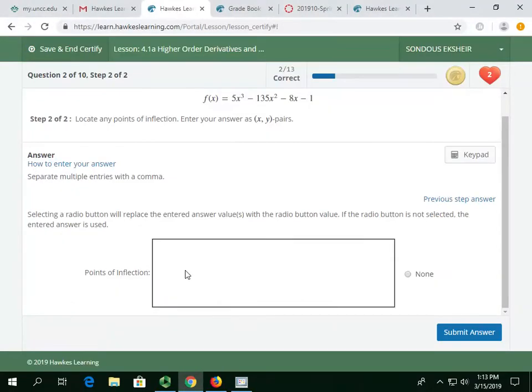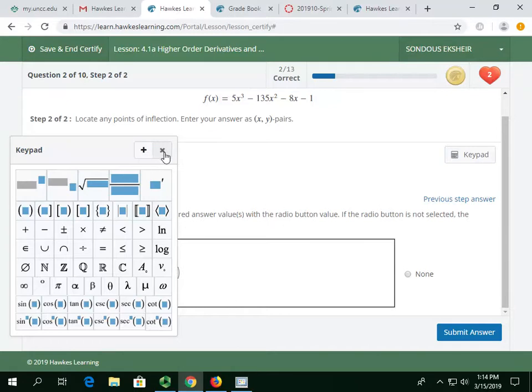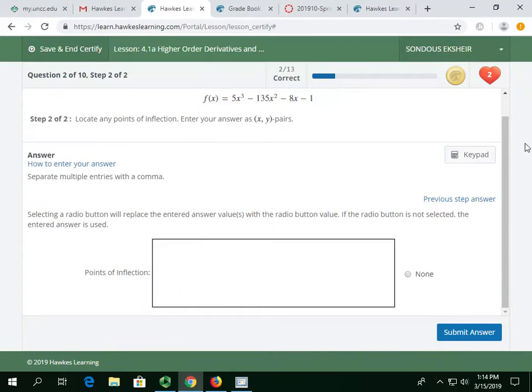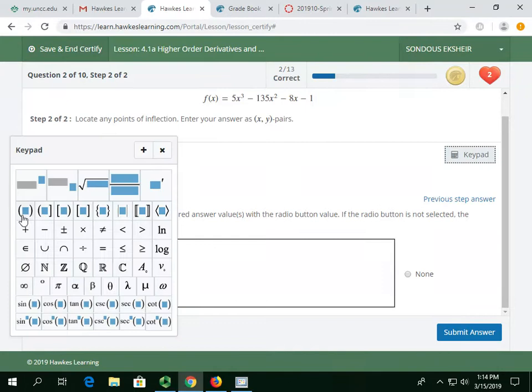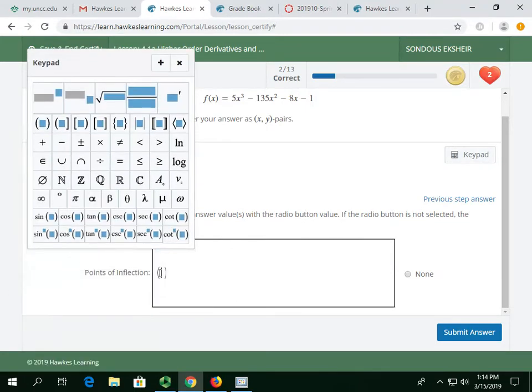Now it's a point, so it's an ordered pair. I'll use the same set of parentheses here as I did with intervals of increase and decrease. Okay, I went too many times here. So let's try again. Keypad there, and then I'm just going to slide this thing out of the way. There we go. And then what was my point?